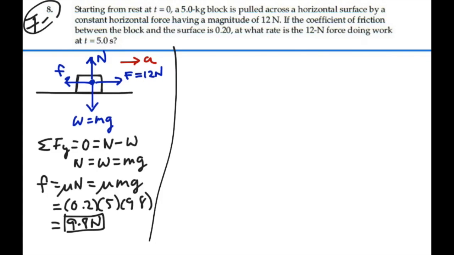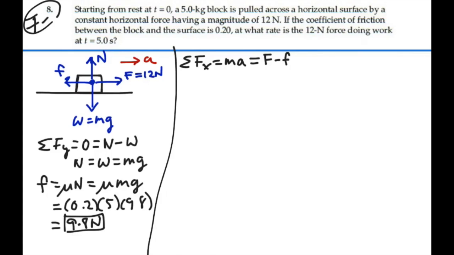Nice to know. Now if we look in the x direction, we do have an acceleration. So that's equal to mass times acceleration. And that would be equal to the net force in the direction of that acceleration, which is going to be our pulling F force, minus this frictional force that we just calculated.